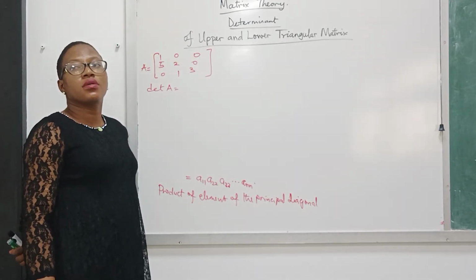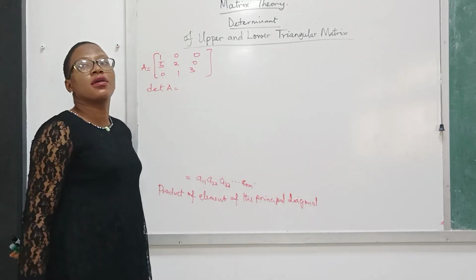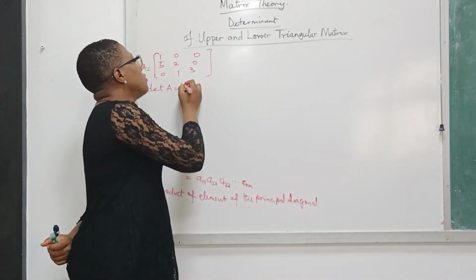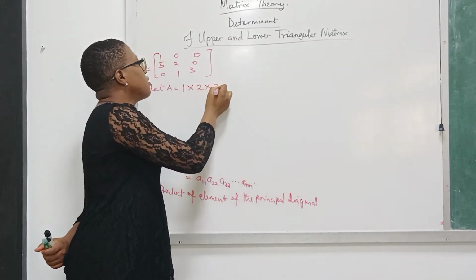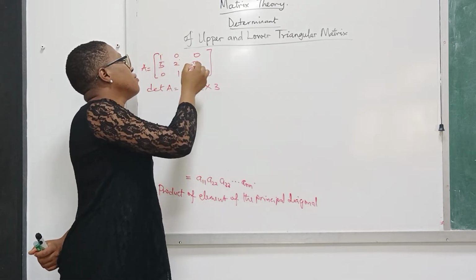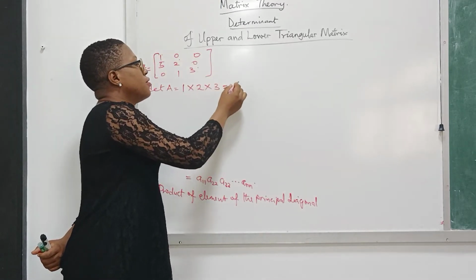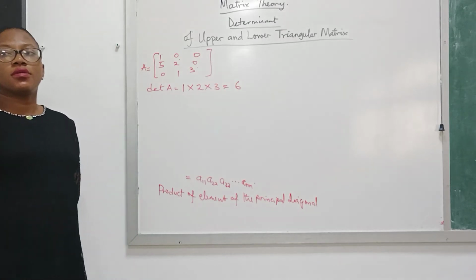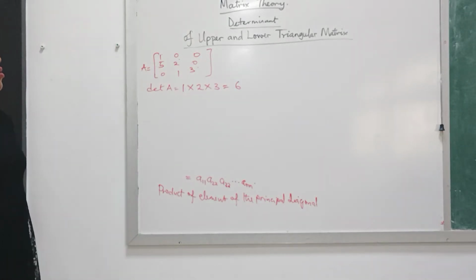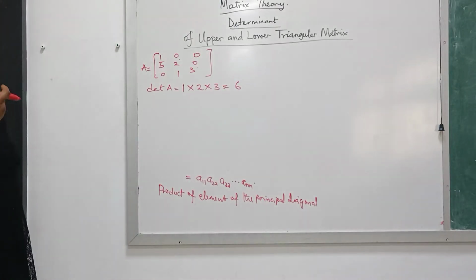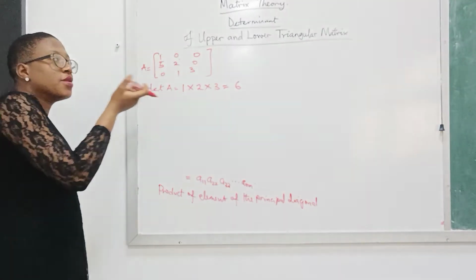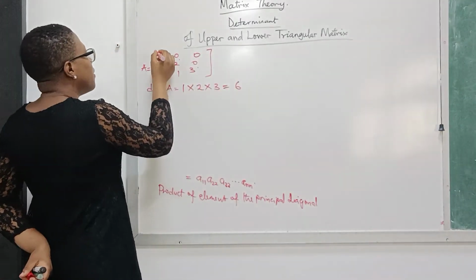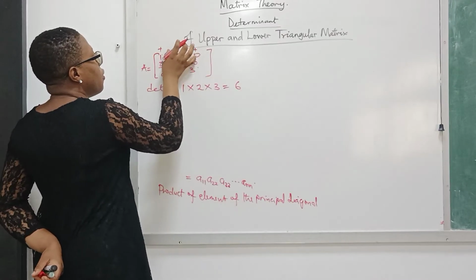One times 2 times 3, that is A11, A22, A33, which is 6. If I wanted to use that second method of finding the determinant, what I would have done is plus, minus, plus. I know that all here will be 0.